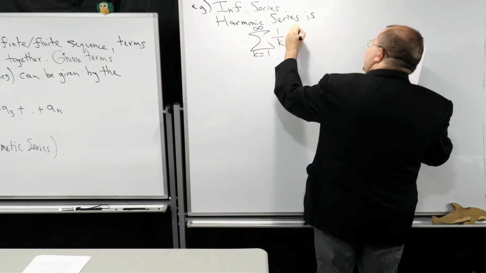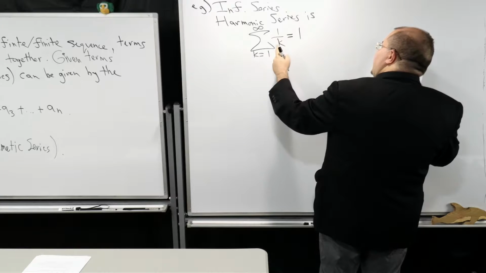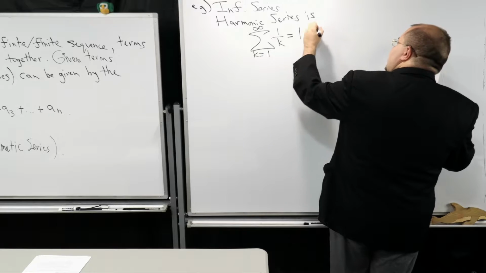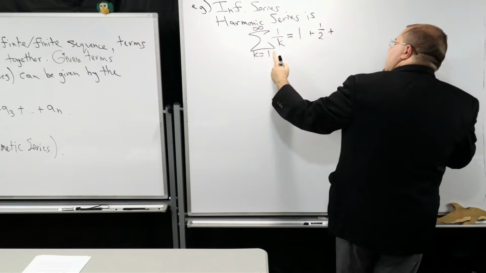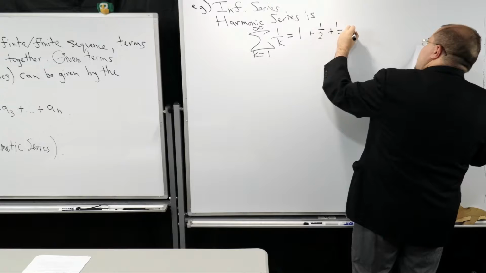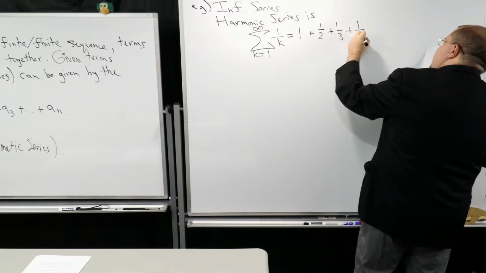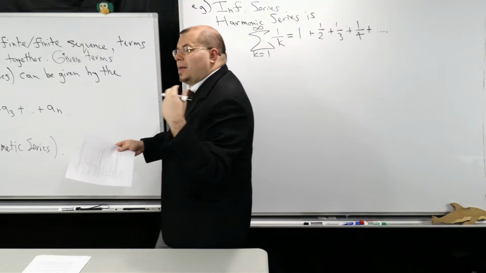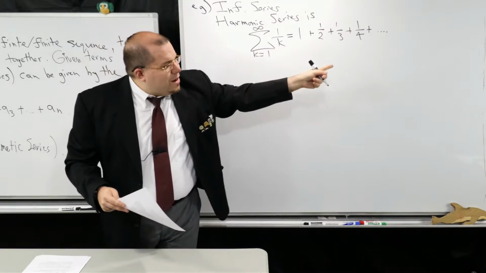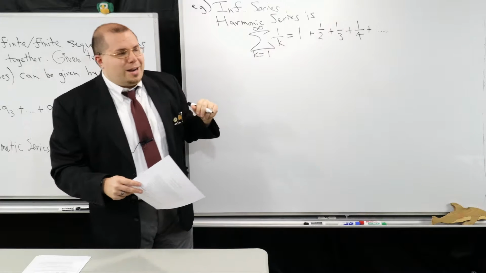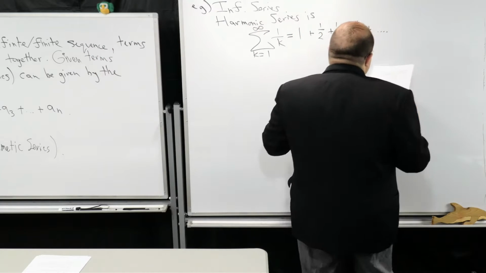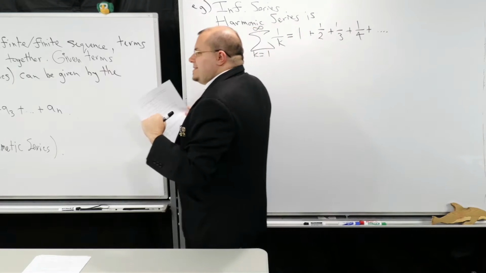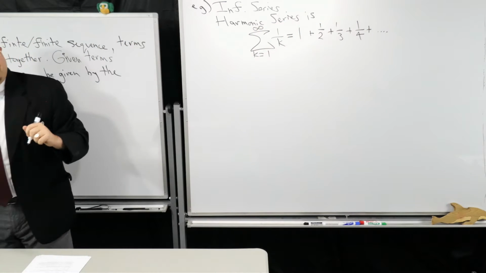So what does this mean? I put in k equals 1, I get 1. When k becomes 2, this is 1/2. Then when k is 3, this is a third. When k is 4, it's a quarter, and so on. And it's an infinite series, so there's an infinite number of terms here on the right-hand side. This is just an example showing you an infinite series. Some of these actually have sums, some don't.